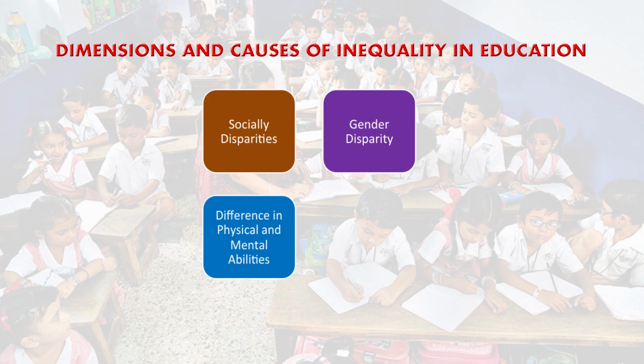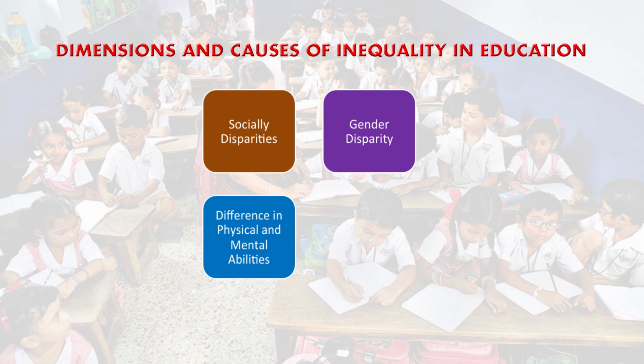And the difference in physical and mental abilities. Many a time I have already said that no two individuals are equal. Though you will find two individuals are physically more or less the same, so far as their attributes are concerned, so far as their mental abilities are concerned, so far as their understanding in different aspects is concerned, you will find that they are really different.